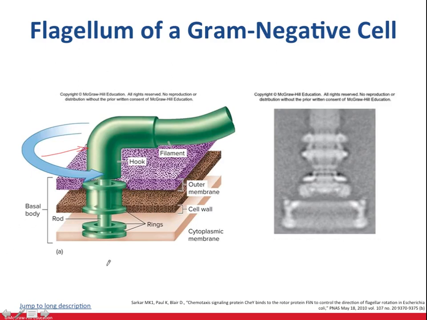The basal body is the part in the cell wall and the cell membrane. It can twist, providing the power to rotate the filament.